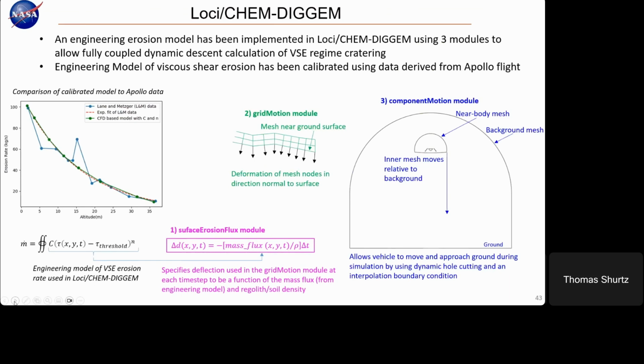We calibrated that model to Apollo-derived data and then implemented it into LOSI-Chem in a way that allows us to deform the ground, the mesh on the ground in the impingement vicinity, to respond by way of that model to the forces induced by the plume flow. And then all that happens while the vehicle can be dynamically moving relative to the ground so that we can get a two-way coupled simulation of a landing vehicle with the crater forming beneath it. Next slide.